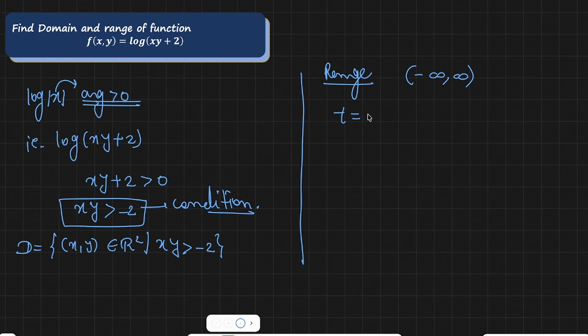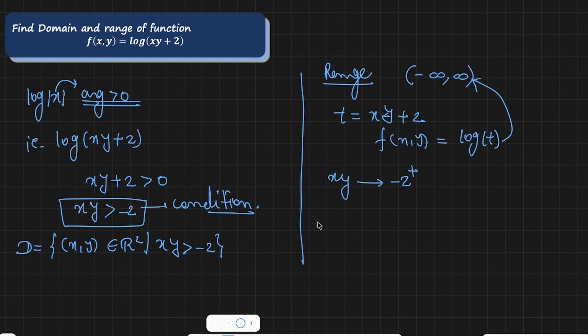Let's say t is equal to xy plus 2, and now F of x comma y is converted to log of t, and the range of log t is minus infinity to infinity. Or you can write like this: when xy tending to minus 2 positive, and when xy tending to infinity positive. If you put minus 2 here, then you will get minus infinity.